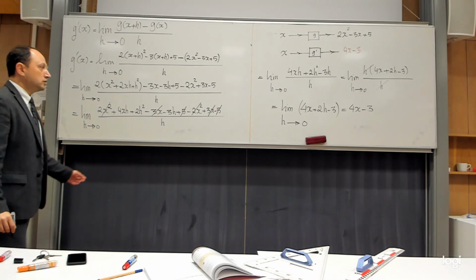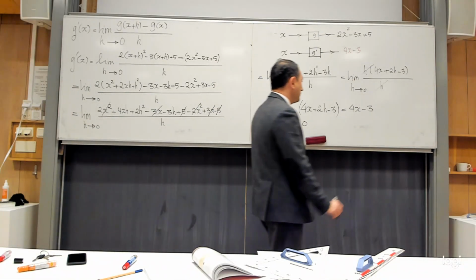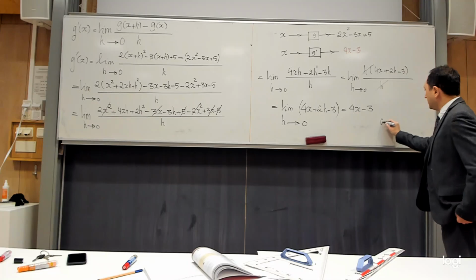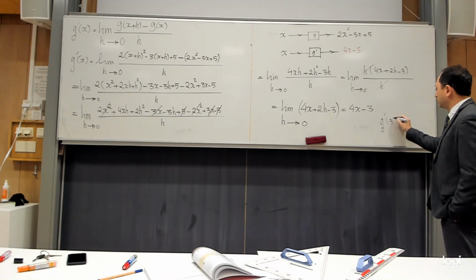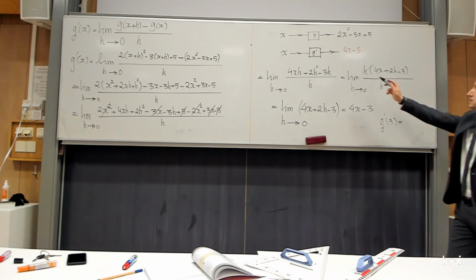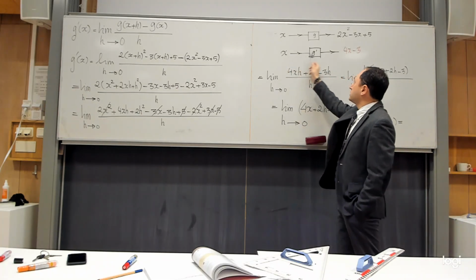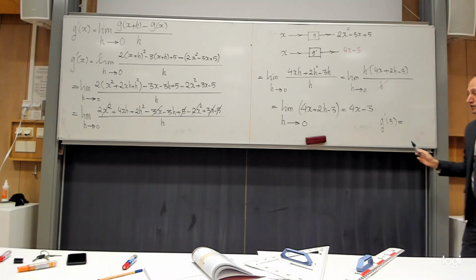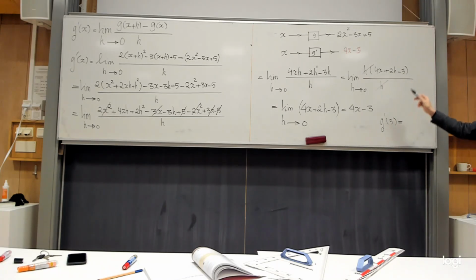Now, if I ask you, what is g prime of 5, what is the answer? Can you tell me? So it means that I am sending 5 to this new machine. So it becomes 4 times 5 minus 3, 17. Yes. And if I change my mind, you don't have any problems anymore. So what's that? Minus 3.